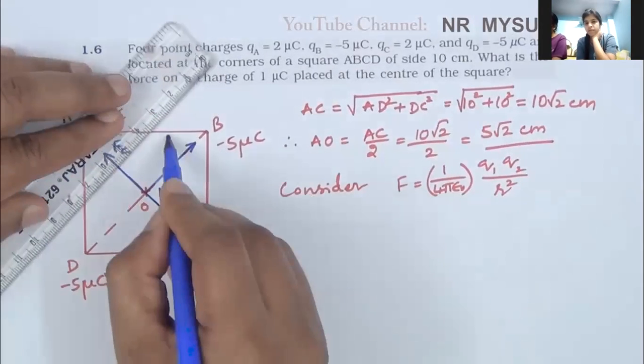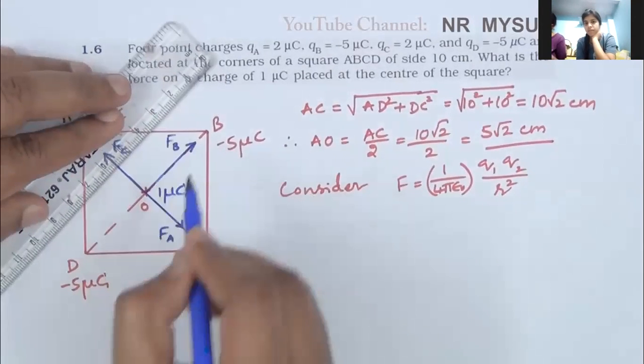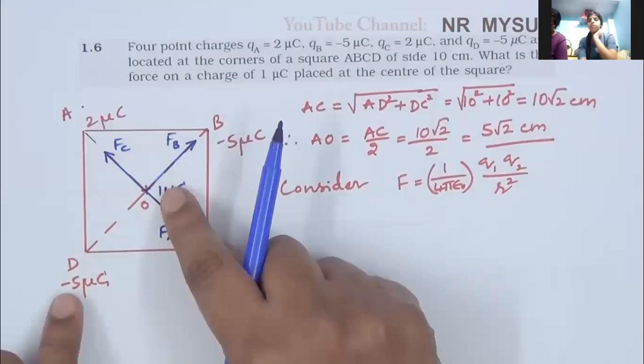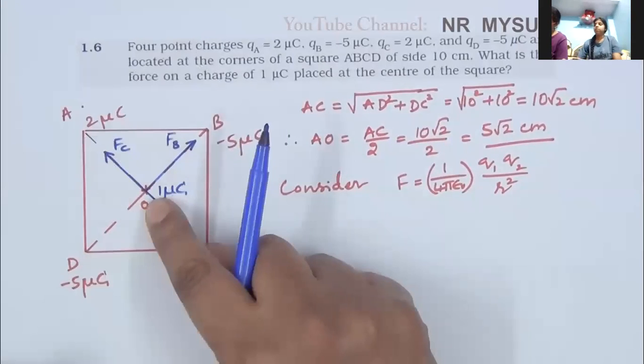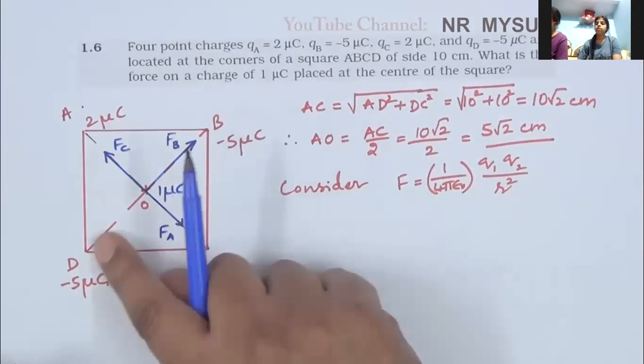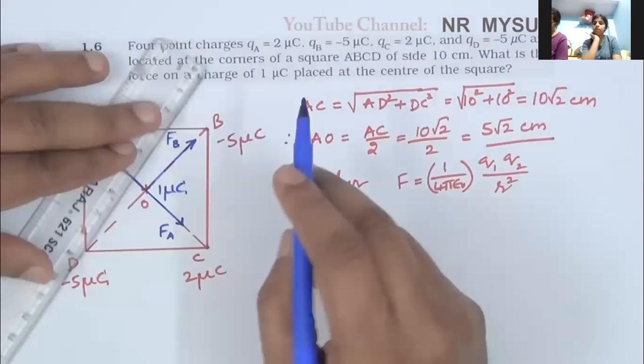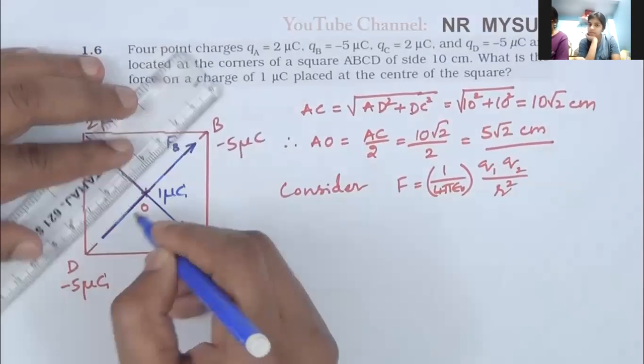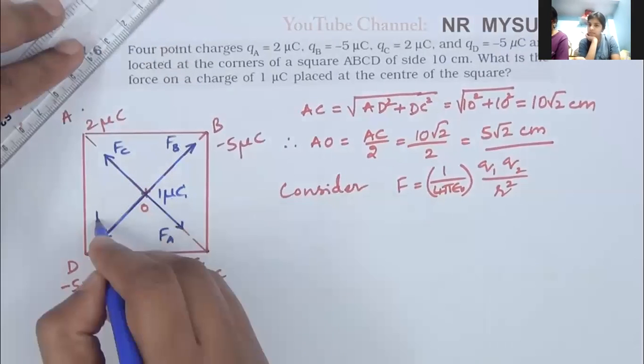So this force is due to the charge at B. Similarly, there exists attraction, therefore the force on 1 microcoulomb is towards this. This is the force, force due to the charge at D.